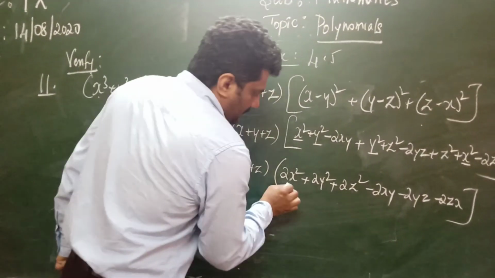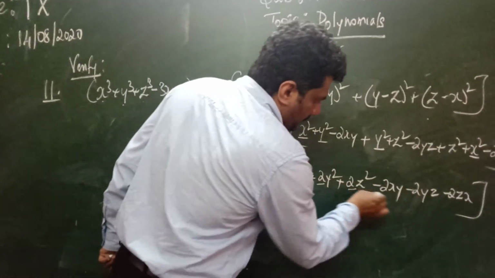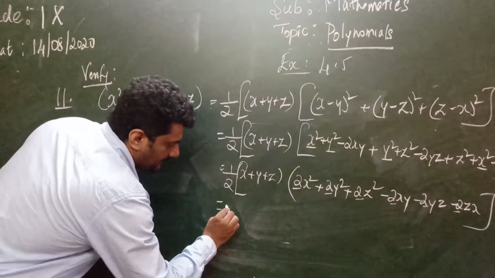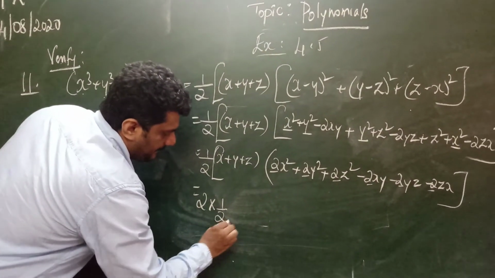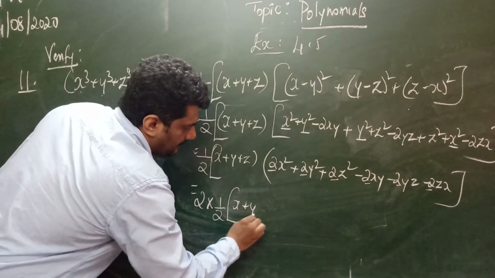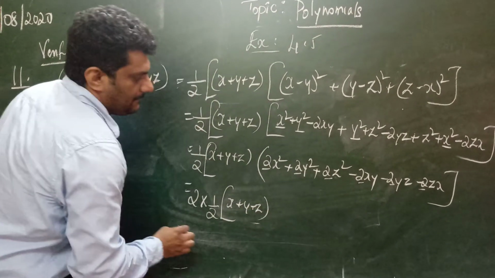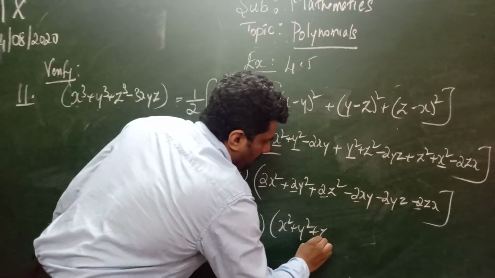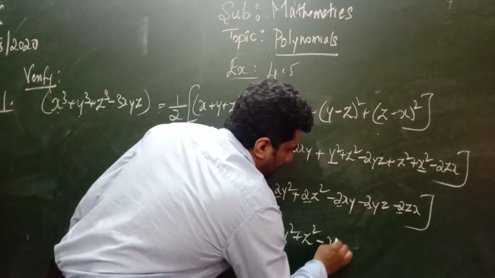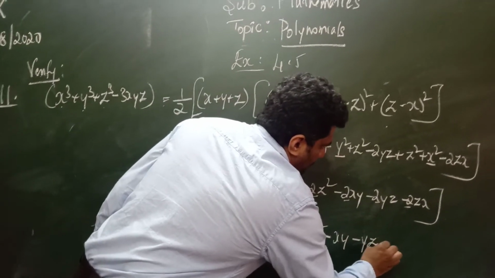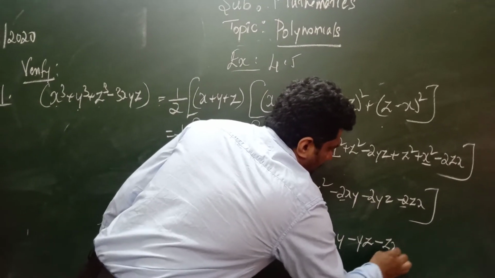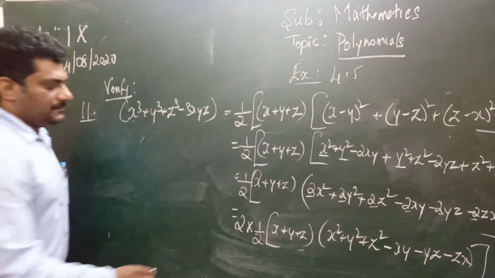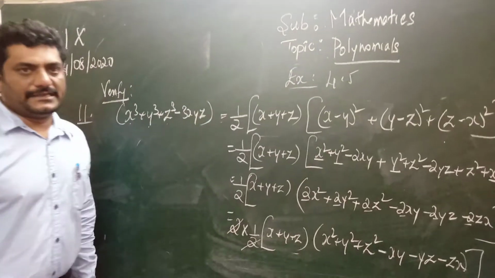Then see, in all of these I have a common factor of 2. So I will take 2 outside and then write. Correct. 2 and 2 get cancelled.